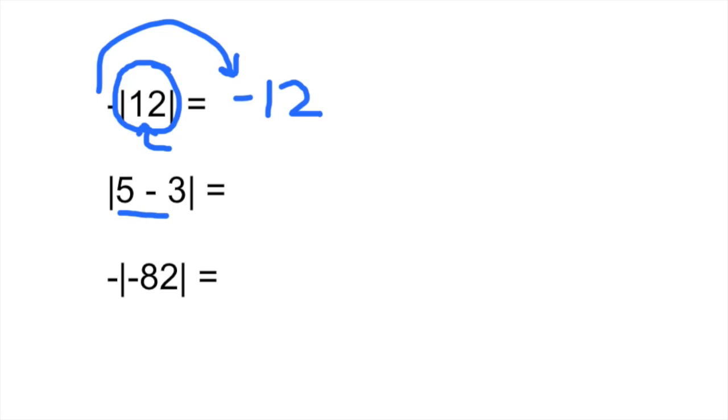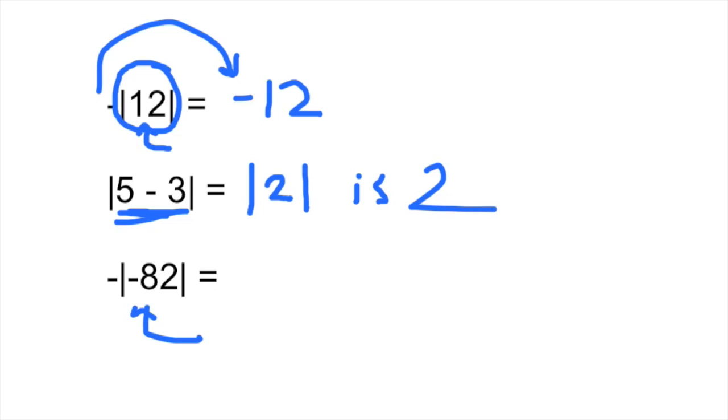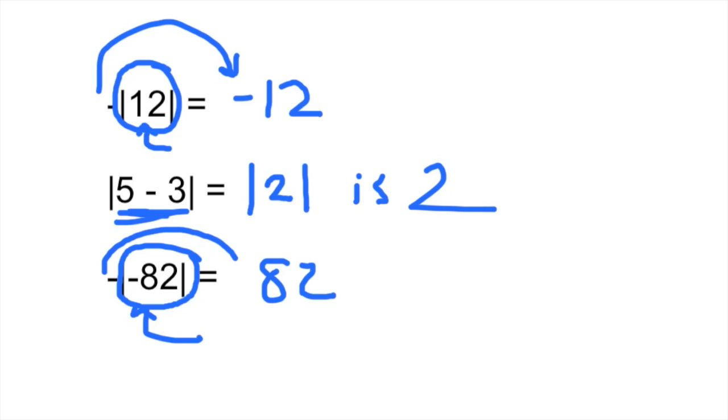This one, the inside is 5 minus 3, so we've got the absolute value of 2, which is 2. This one, we've got the absolute value of negative 82, which will be 82, but we have a negative on the outside, so it's going to end up being negative 82.